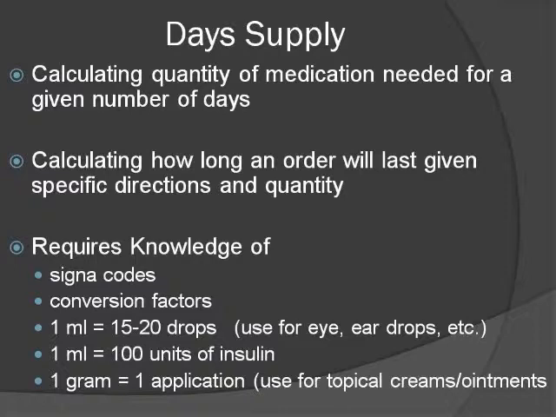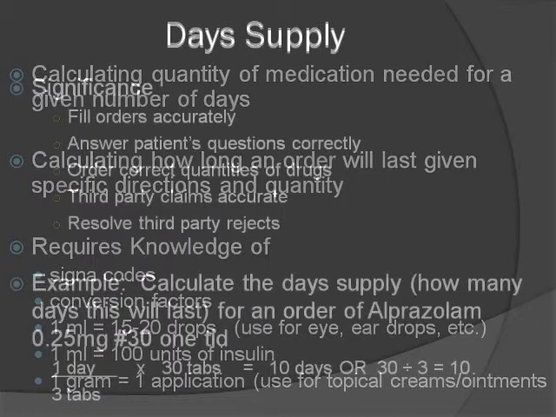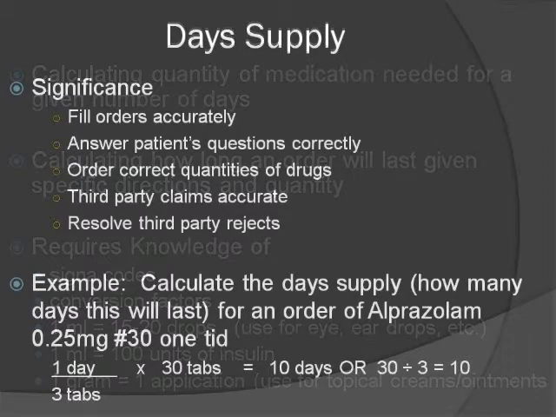Now, you might wonder, why is this important, or what is the significance of these types of problems? And really, this is probably the second most frequent type of calculation you'll see in the practice setting or in the real world. And it's really important because we have to ensure that we're filling orders accurately.